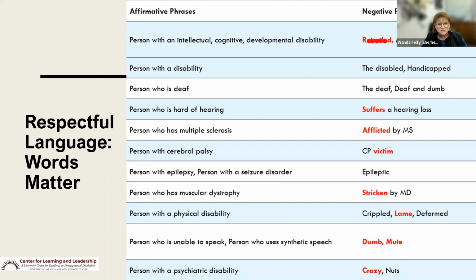"Stricken with." I mean, these are words. And I'm down here at person with a physical disability. We've made in red "lame." And I had a young man that graduated with my daughter who uses a wheelchair for mobility. He's the one that told me his feeling about the term lame, and he taught me a lot about that.